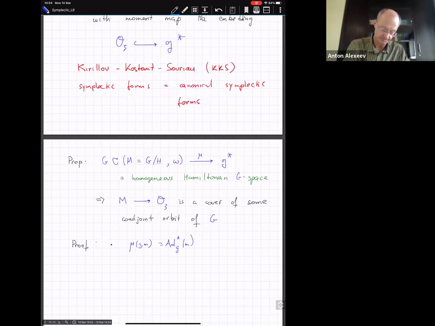We know that the action on M is transitive. And this means that the image is a coadjoint orbit.